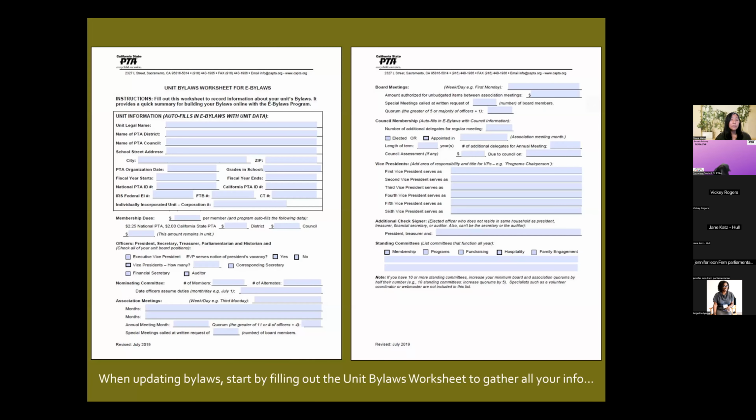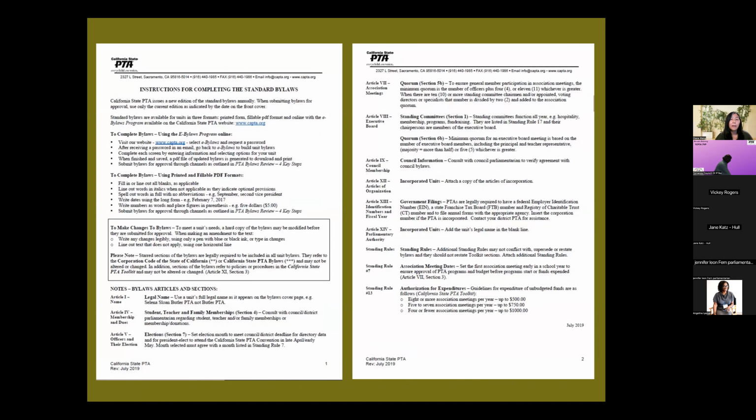When you update them, you want to fill out the bylaws worksheet. This will just help you when you go on e-bylaws. I think actually there's another form that they're using now. There are instructions for completing the bylaws. This will also help you figure out some of those numbers and things that may not be intuitive, like your quorum.